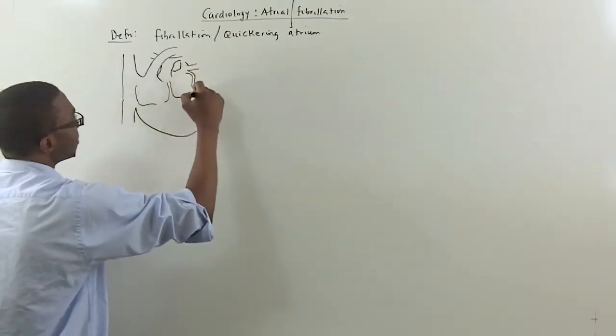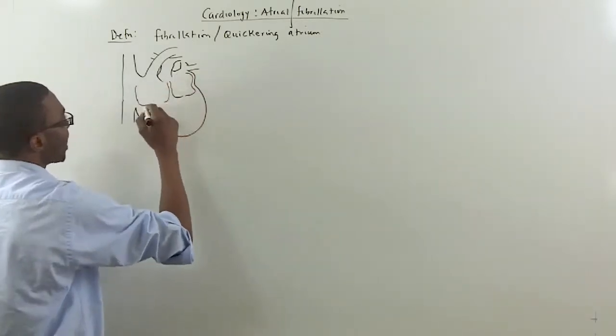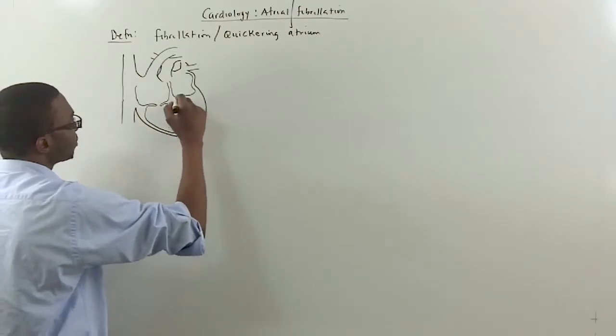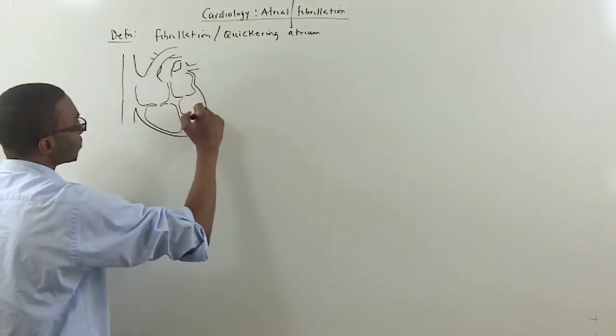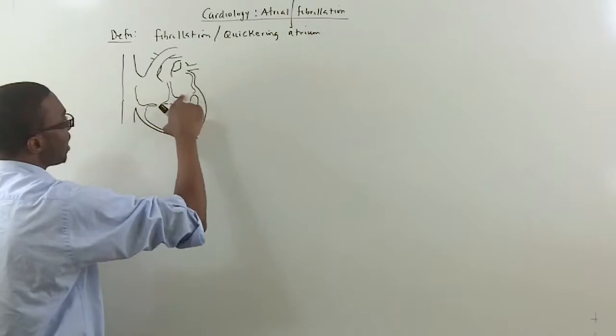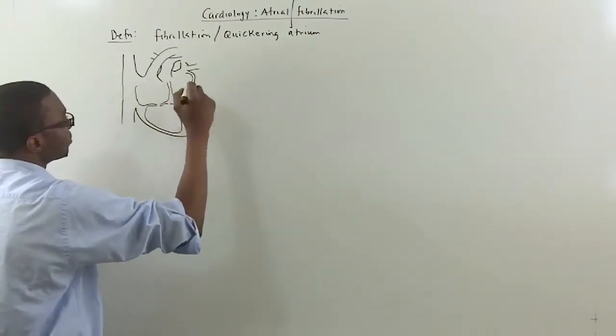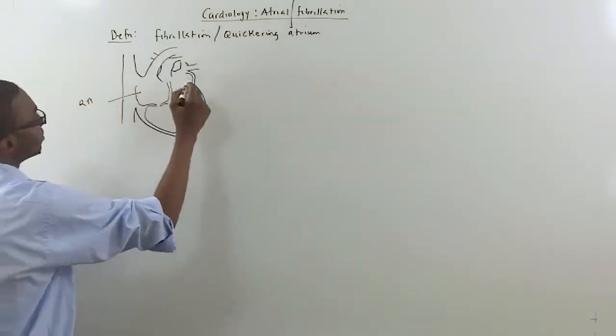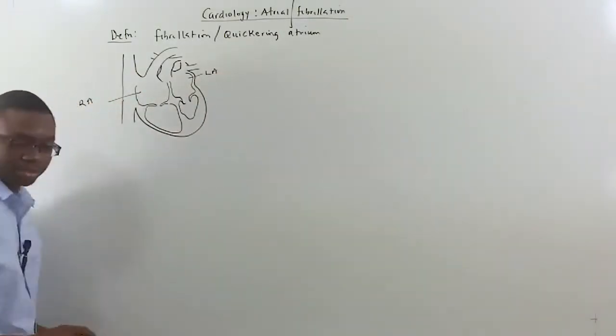We've got the left atrium and the right atrium. We've got the ventricles. And right there we go. So we've got the atrium right here. Right atrium, the left atrium.